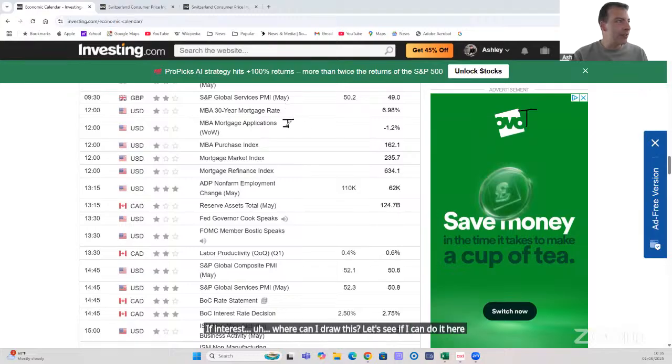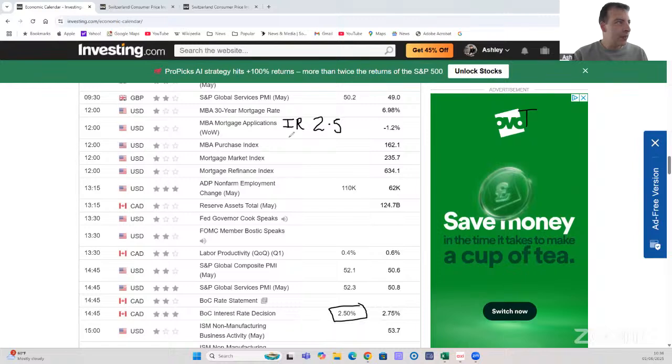If interest rates, I'm going to do that as IR, interest rates, which is this, is at 2.5. And inflation, which is CPI, is, I think in Canada, to my knowledge, it's 2.3.